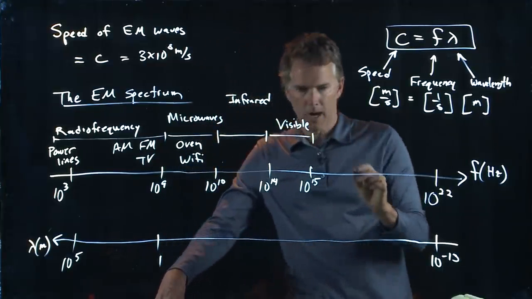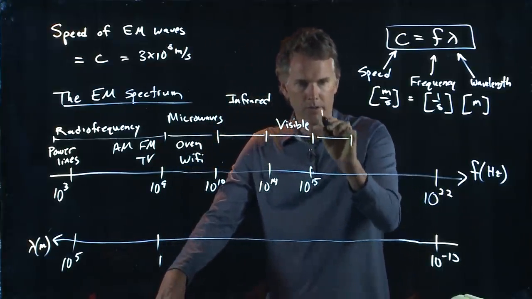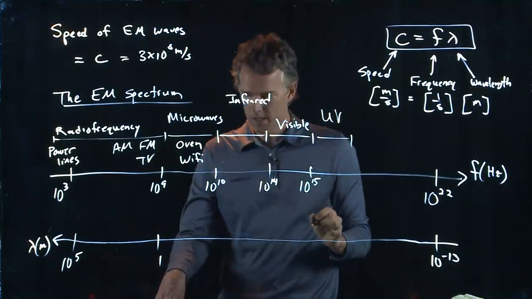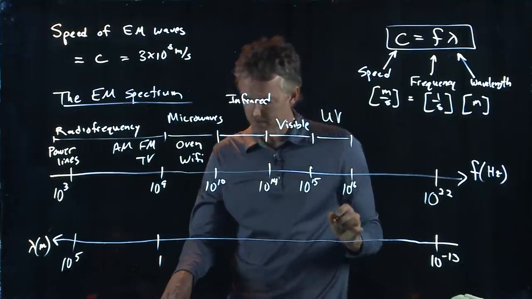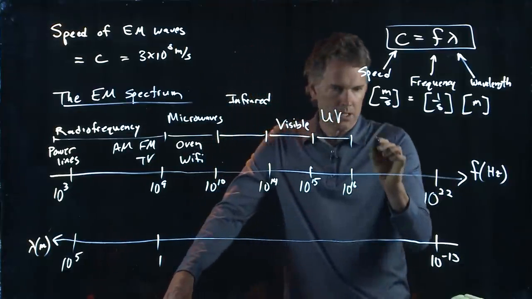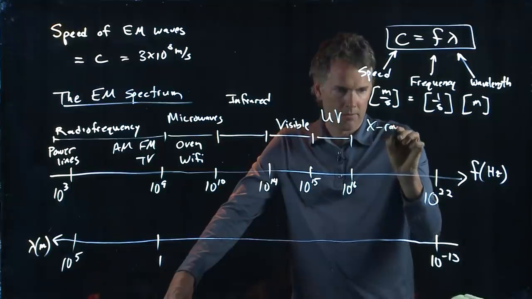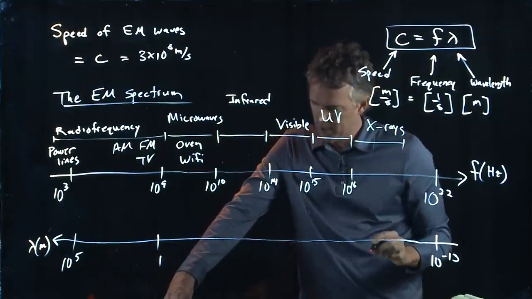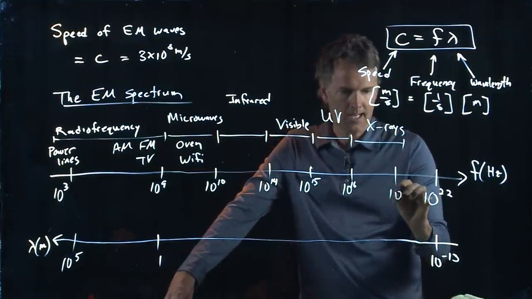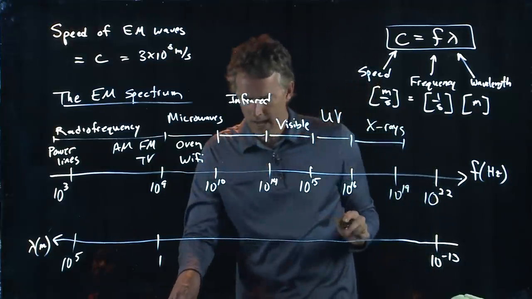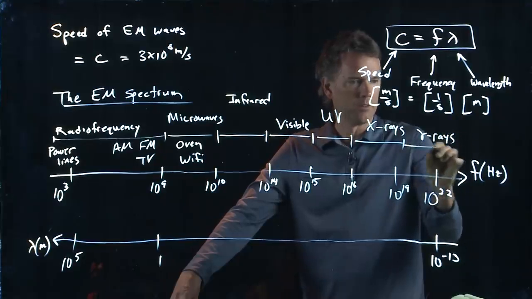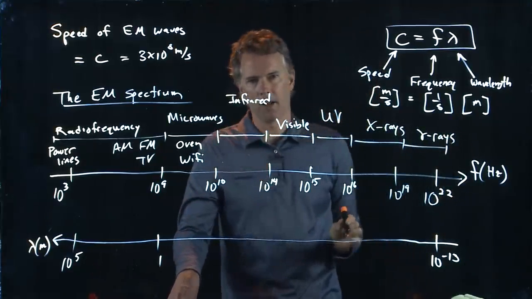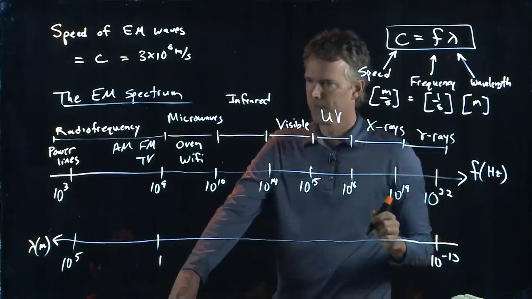If we keep going to higher frequencies, we get to UV. UV gets up to about 10 to the 16. And then we get to X-rays. X-rays go all the way up to about 10 to the 19. And then the very last bit is something called gamma rays. And gamma rays can go as high as 10 to the 22.